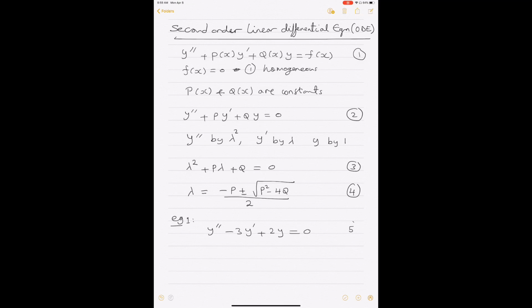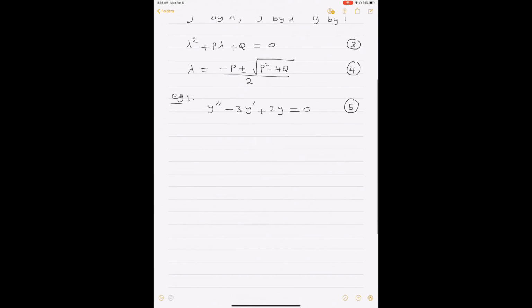Let's call that equation 5. The corresponding characteristic or auxiliary equation will be lambda squared minus 3 lambda plus 2 equal to 0. This quadratic equation can be factorized, so we can rewrite it as lambda minus 2 times lambda minus 1 equal to 0.